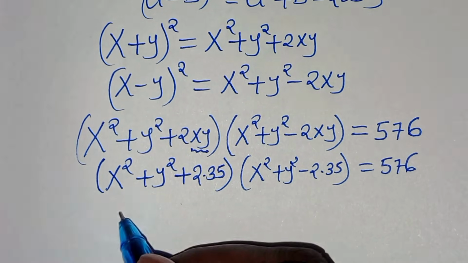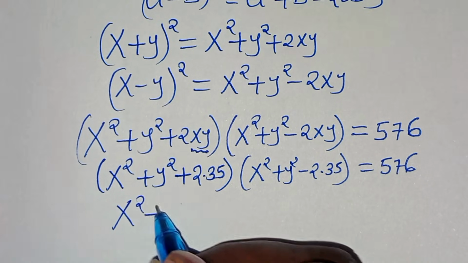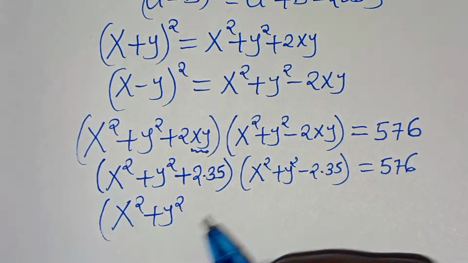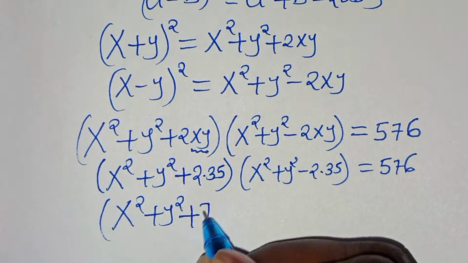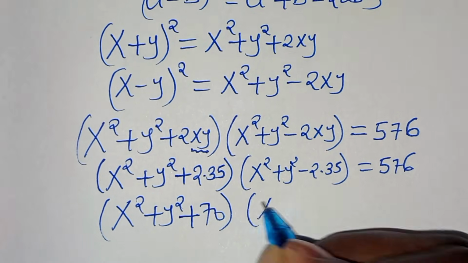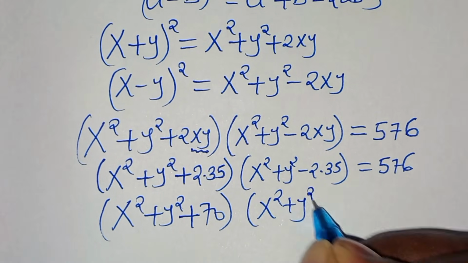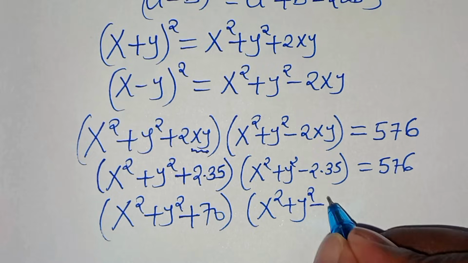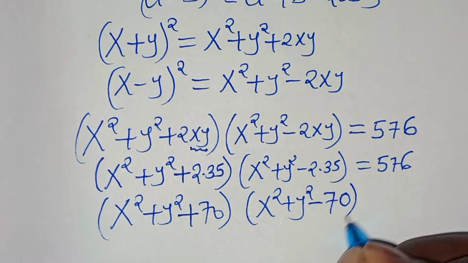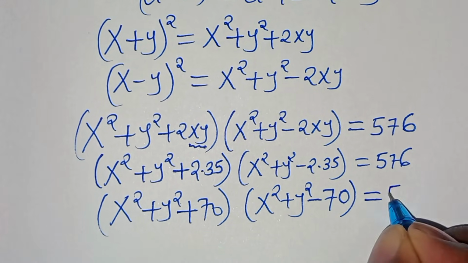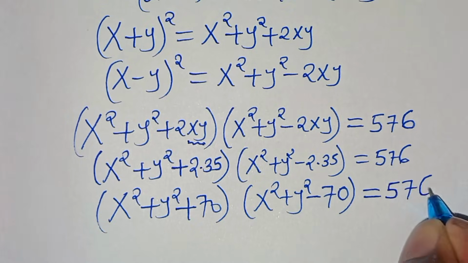So this means that this is x to the power of 2 plus y squared plus 70. Then we have x squared plus y squared minus 2 times that 35. This is minus 70. This is equal to 576.